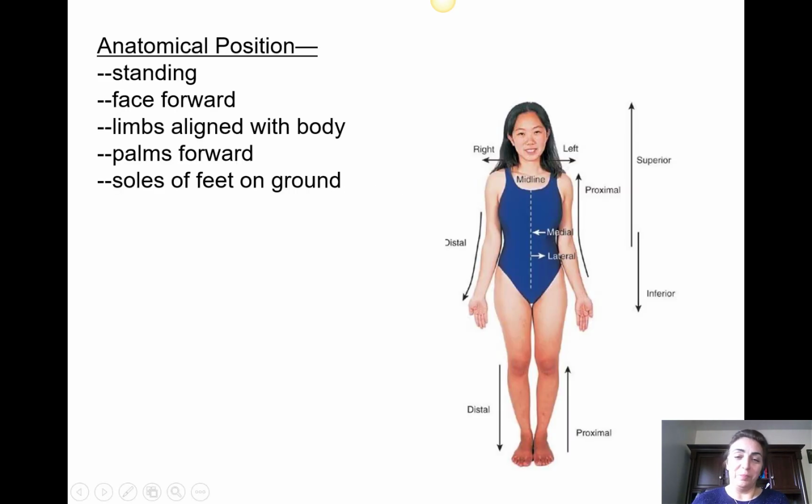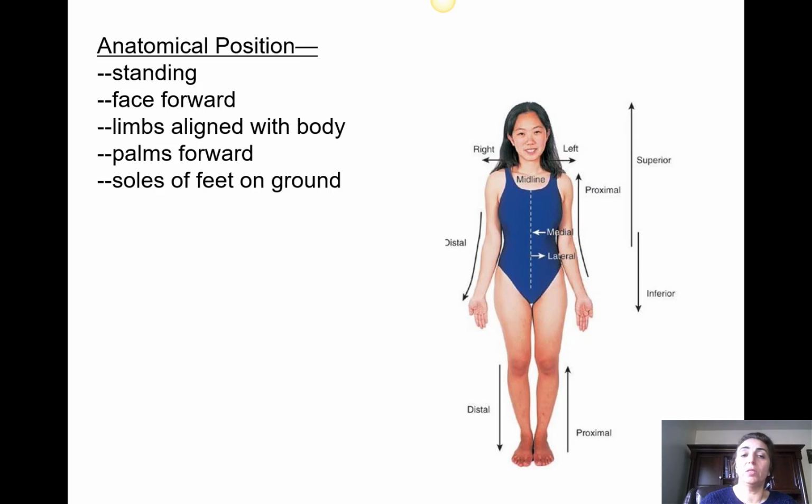Orientational terms. So orientational terms refer to the terms that we are using, mostly about the positions of one part of the body or the whole body. When we're talking about the whole body, we have a term, we call it anatomical position.